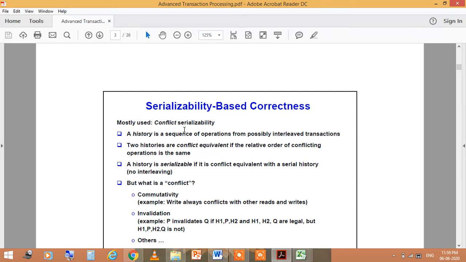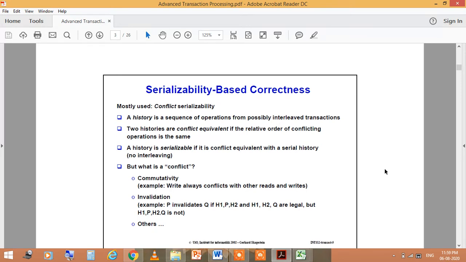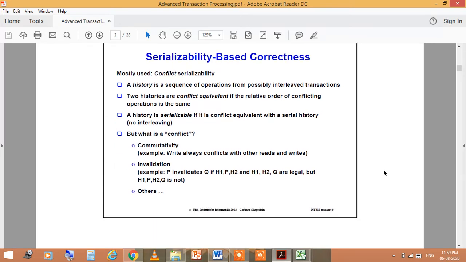So a history is a sequence of operations from possibly interleaved transactions, and two histories are conflict equivalent if the relative order of conflicting operations is the same.